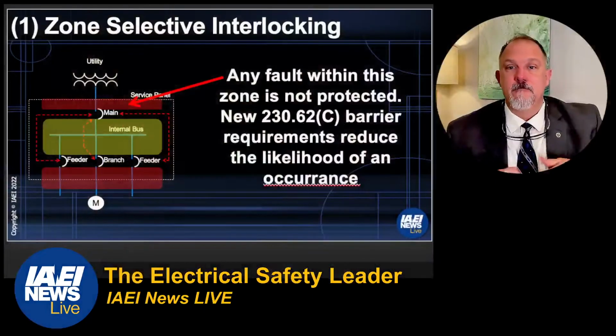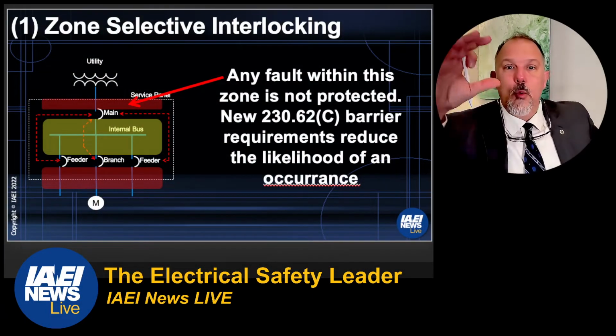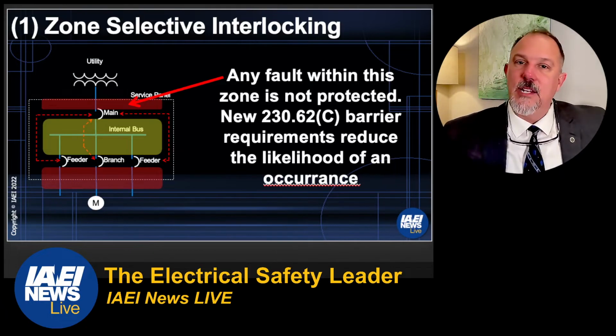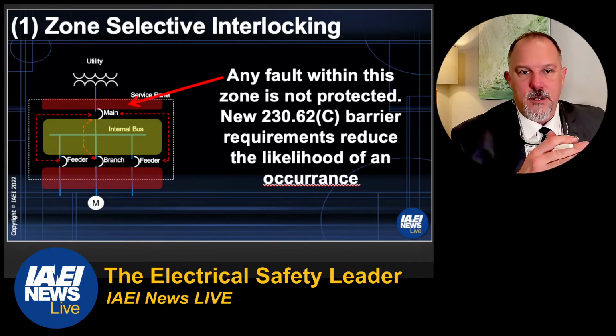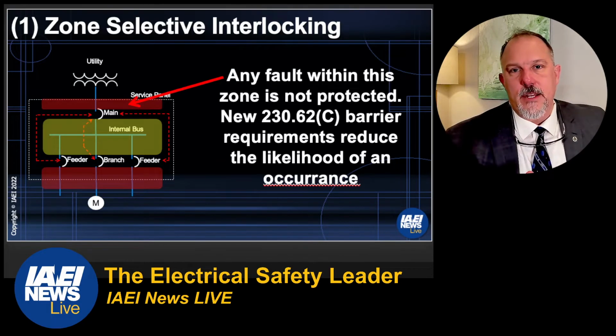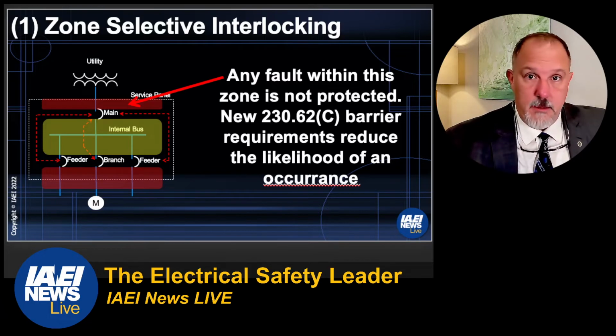But the fault has to occur in what we call the zone of protection. So, if I have a fault, these are the zones of protection. The 2 red zones are outside of the zone of protection. If I have a fault on the main lugs of that main overcurrent protective device, zone selective interlocking does nothing for me.